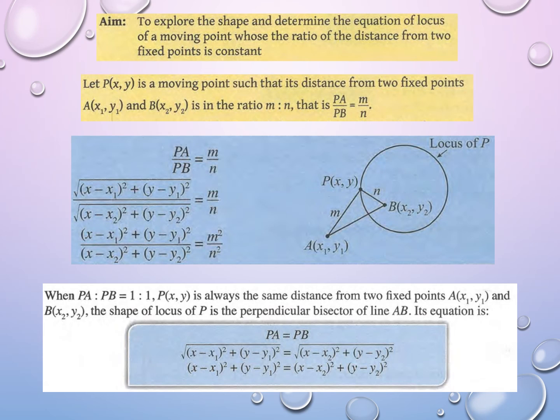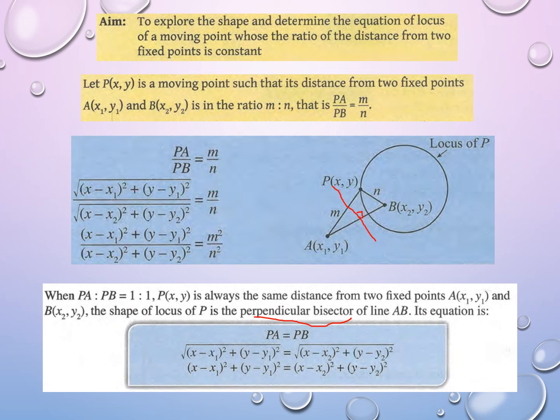Same distance means it will be here, so 90 degrees, and it will always be the same from P to B and P to A. So that's why it's a perpendicular bisector of the line.